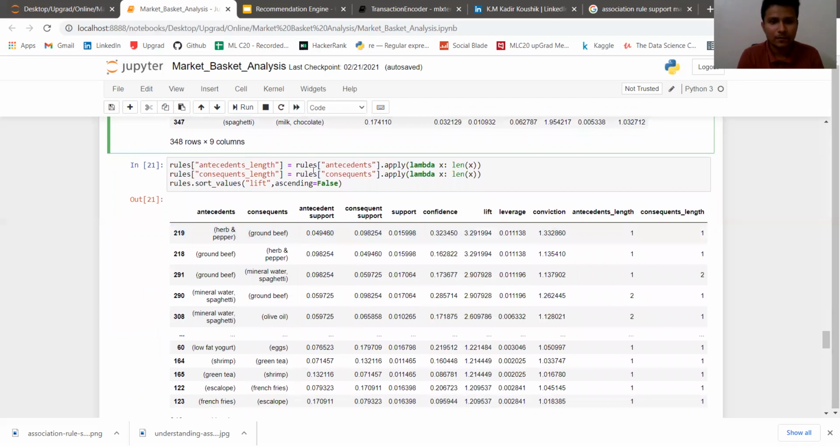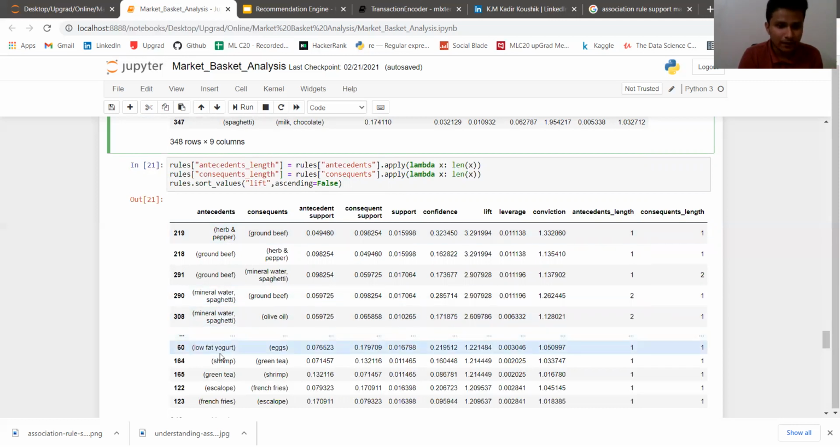Let's also check this as well. For example, let's apply the length of antecedents and consequents, for example the length of the basket. The antecedent does not necessarily have to be one item. It can be multiple items as well.